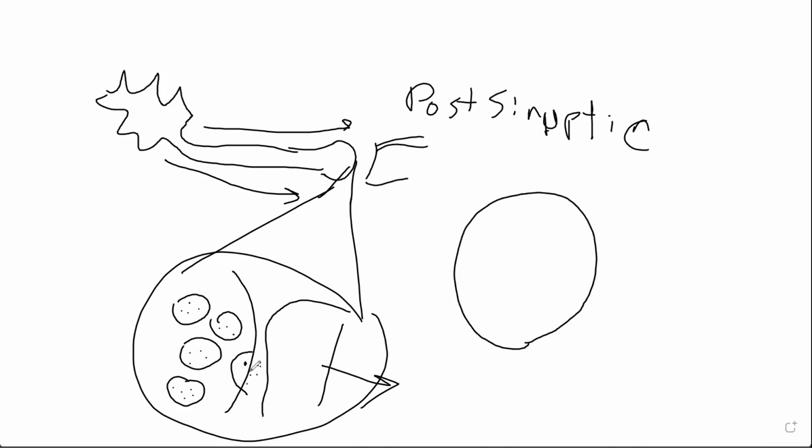I'm going to model the voltage of the postsynaptic cell. Okay, this voltage is going to be V. So I'm going to say that dV/dt is decaying at a rate gamma times V. So this is the derivative.